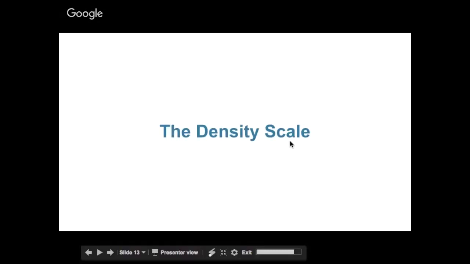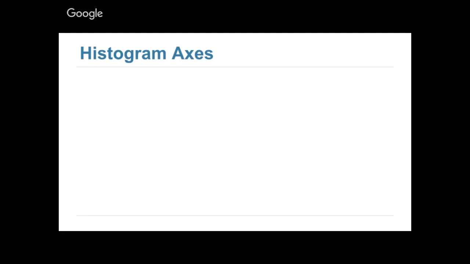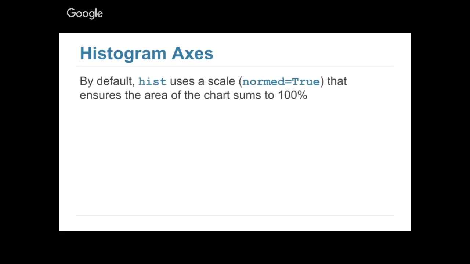Why did the histogram use that weird percent per unit thing before? Okay, so by default, histograms use an idea called a density scale. And what that means is, by default, when you call .hist, what we're trying to ensure is that the area of the chart, so the area of each bar added together, sums up to 100%.